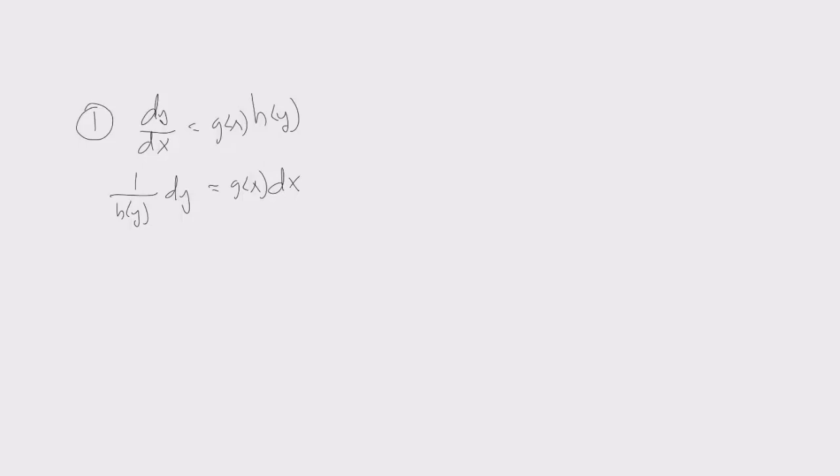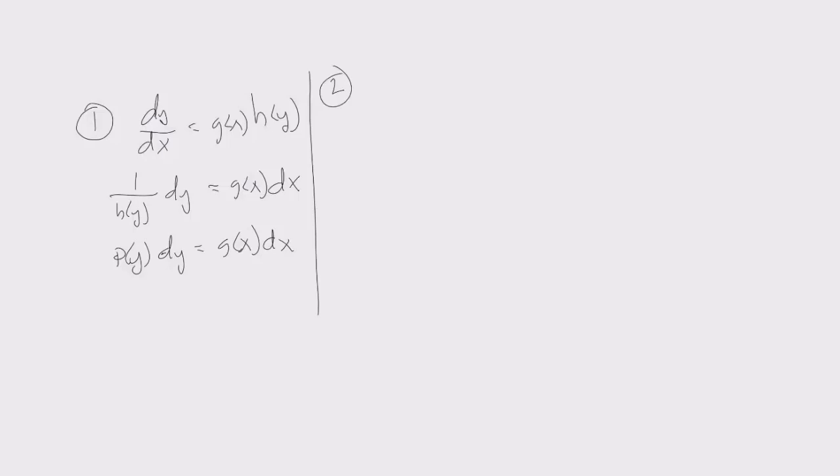So we would redefine this 1 over h of y to be some function p of y, I'm sorry, dx. Okay, so that was one method that we have encountered so far.